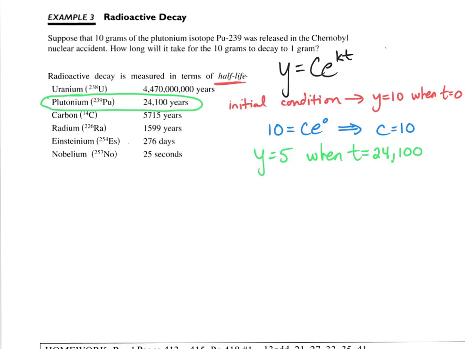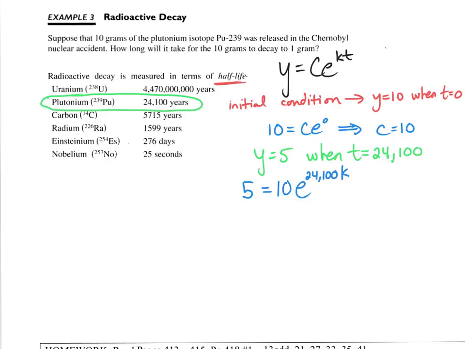So if that's the case, now we can plug into that equation again, but this time we know we want to end with 5 grams, and we start with 10, right? e to the, our t is 24,100. k is what we're trying to figure out. Okay?